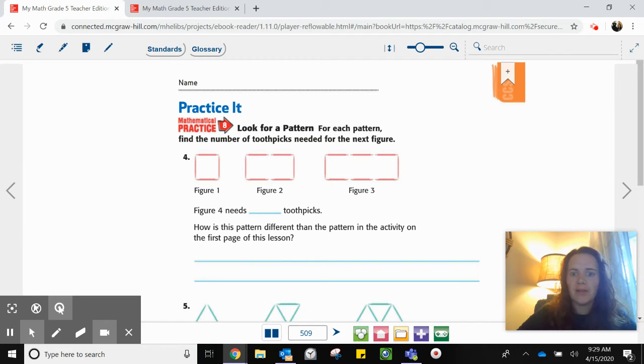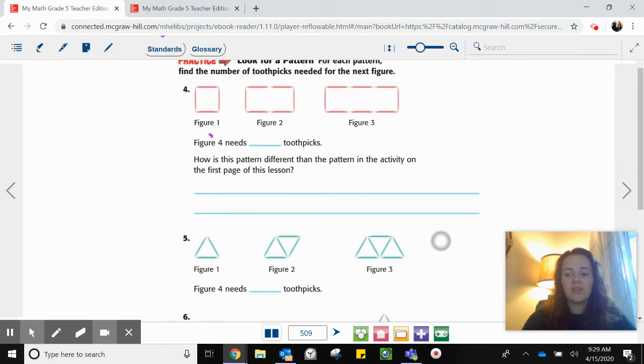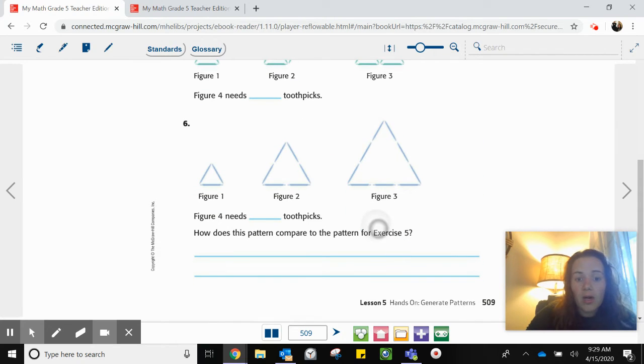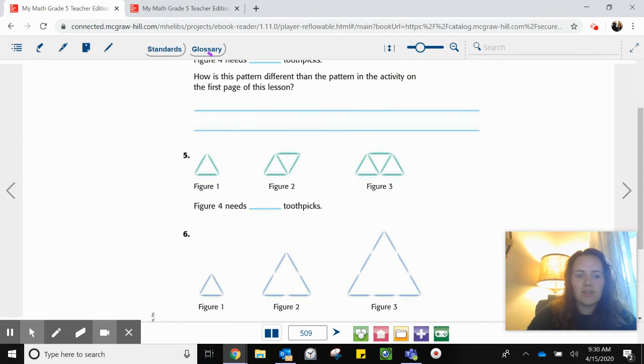Essentially what you're doing on this page is identifying how many are needed for the next figure, and then you are going to compare how it's different from the pattern in the activity on the first page, the one with the toothpicks and the squares that they added onto, or how this pattern compares to the pattern for exercise 5. Exercise 5 is this one right here. Okay.